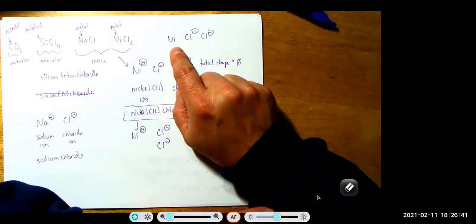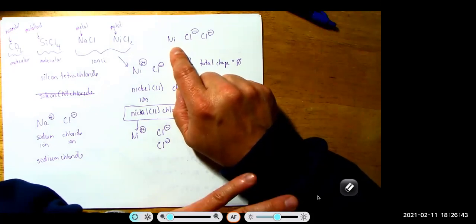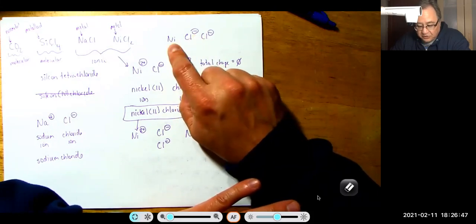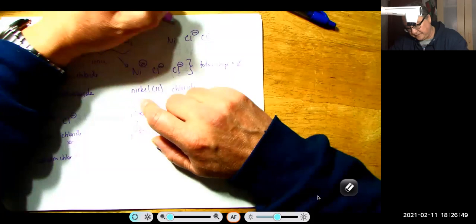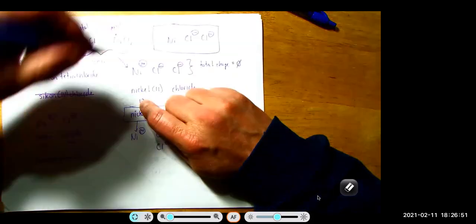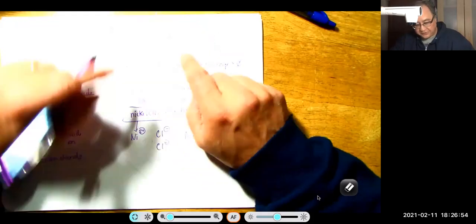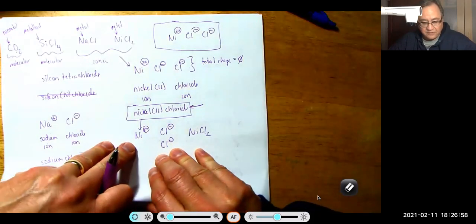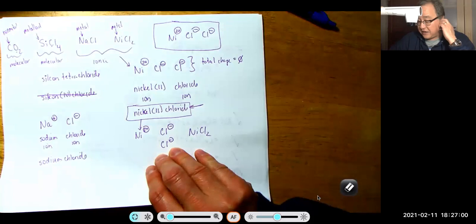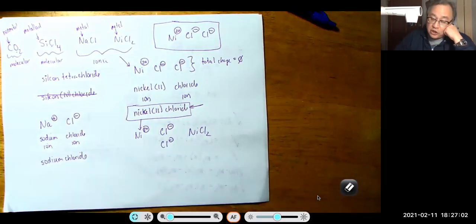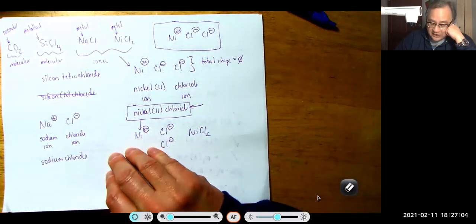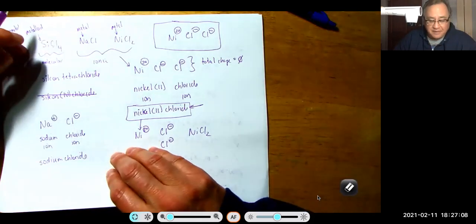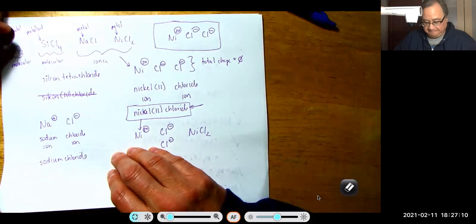No. Nickel is a metal. If these are both -1 because they're in group 7A, then what does that have to be so the whole thing's neutral? It would have to be +2. That's right. And that's how I know it's nickel 2. So whenever you're given the formula of an ionic compound, you should know the charge on at least one of those ions, either because you're given its name or because you have memorized the charge.